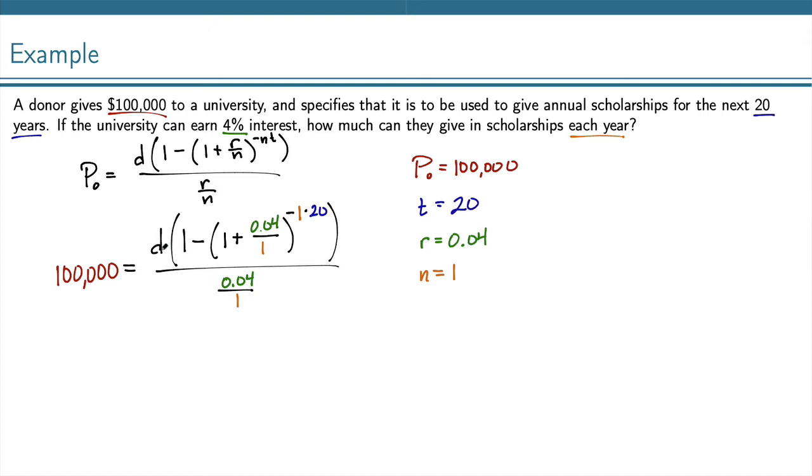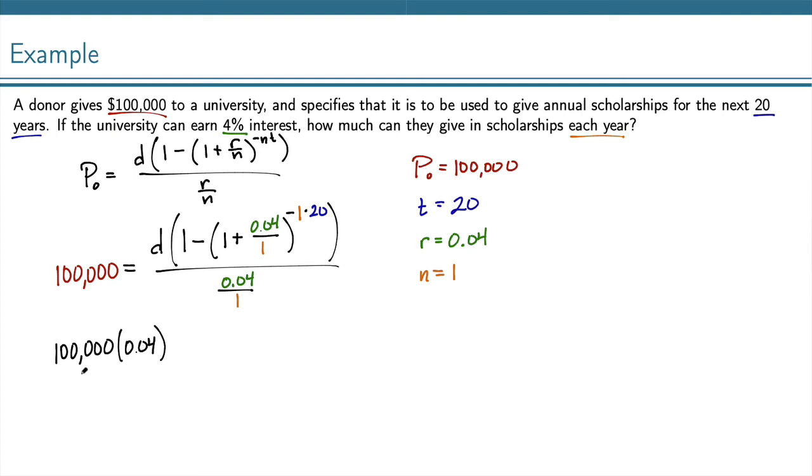So now we're just trying to get D by itself. So first we're going to multiply both sides of the equation by this denominator here, because we need to get it away from the D that we're solving for. So we take both sides and we multiply by the 0.04. So 100,000 times 0.04. Of course, this 0.04 over 1 is just 0.04.